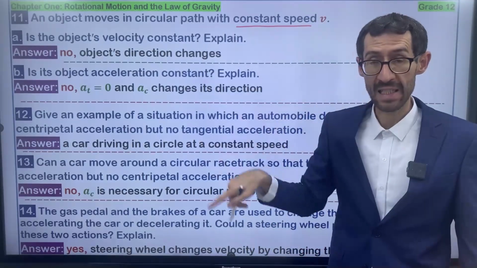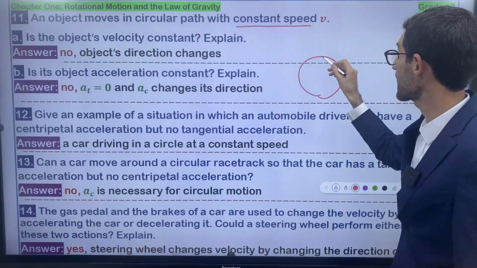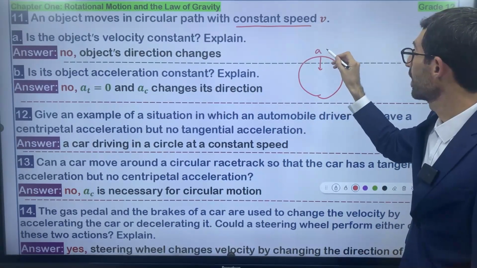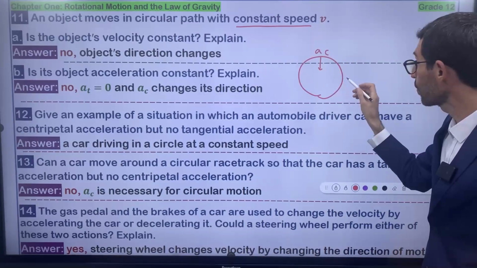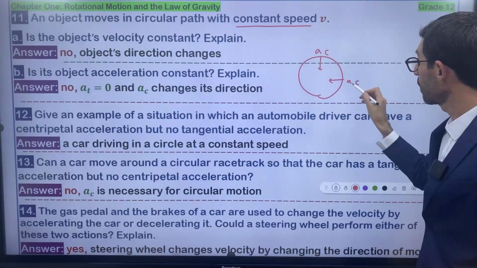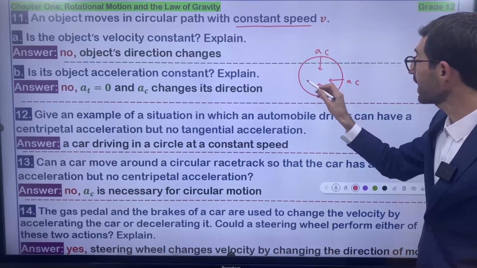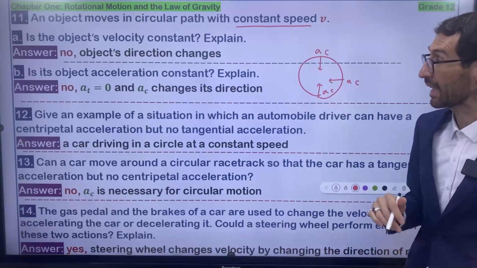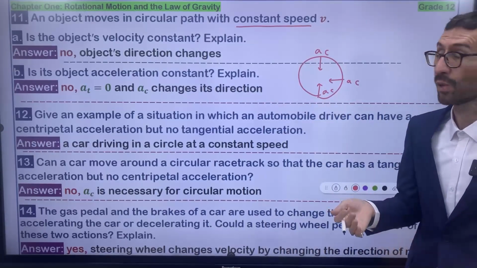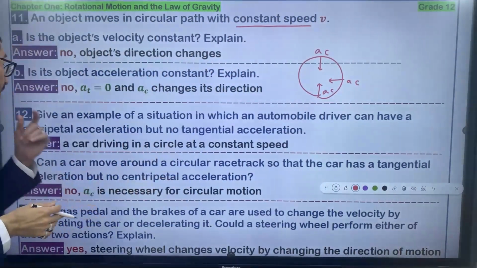Because AC changes its direction as it goes around the circular track. Here, AC points downward; here, AC points to the left; here, AC points upward, and so on. So the centripetal acceleration can't be constant, and AT is equal to zero. So the object's acceleration can't be constant.